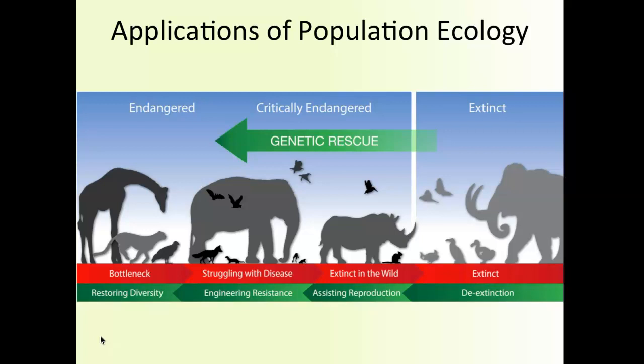Conservation ecology is really big. This is where you want to try and save animals from the brink of extinction. So animals who have very low numbers in the wild might be considered critically endangered or endangered. Maybe they have had a bottleneck event occur where their genetic diversity is very, very low. But using population ecology, you can help them try to recover their numbers.